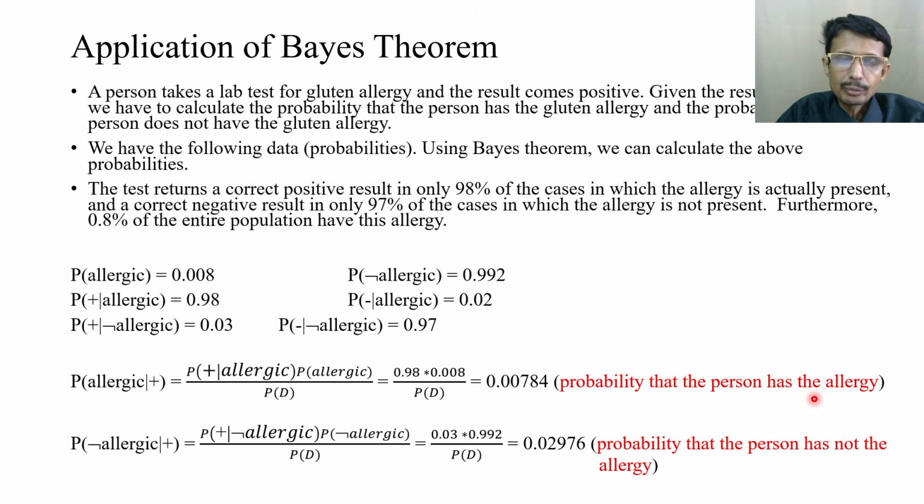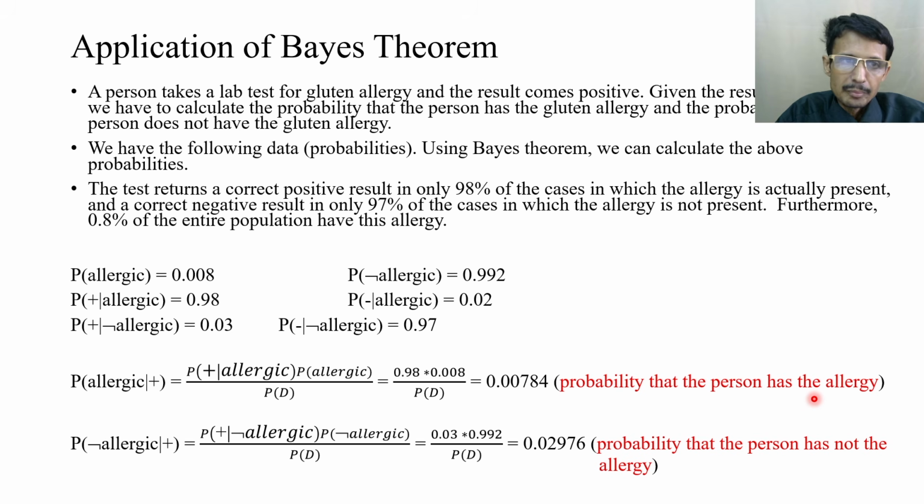Now we have the following data, the probabilities. Using Bayes theorem, we can calculate the above probabilities. The test returns a correct positive result in 98% of the cases in which the allergy is actually present, and a correct negative result in 97% of the cases in which the allergy is not present.